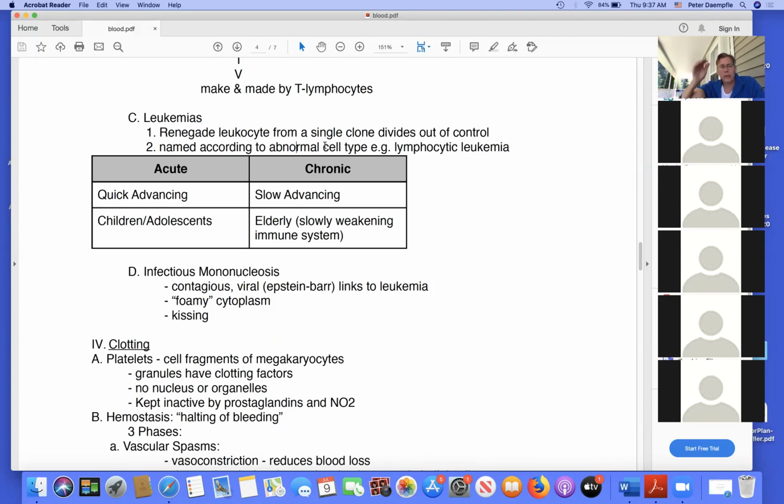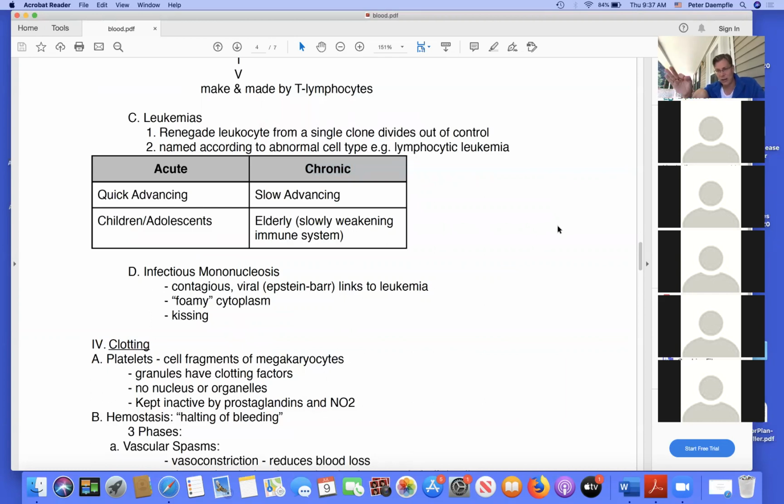So take-home message, leukemia, cancer of the white blood cells. Some sort of renegade grows out of control. And the name of the cancer is always based on the type of cell that is cancerous. So lymphocytic leukemia means cancer of the lymphocyte. And you got two types of leukemias, acute and chronic. Acute is not cute, okay?